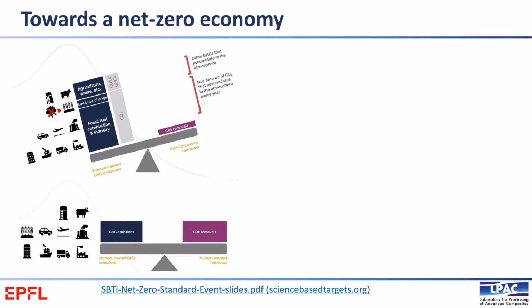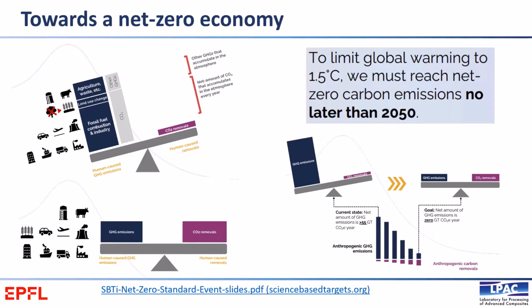This has to become balanced by 2050. And that means we have to significantly reduce what we emit from agriculture and transport and industry and heating. And we have to try and sequester some. The big challenge really is to reduce what we emit, because anthropogenic carbon removals are very difficult.